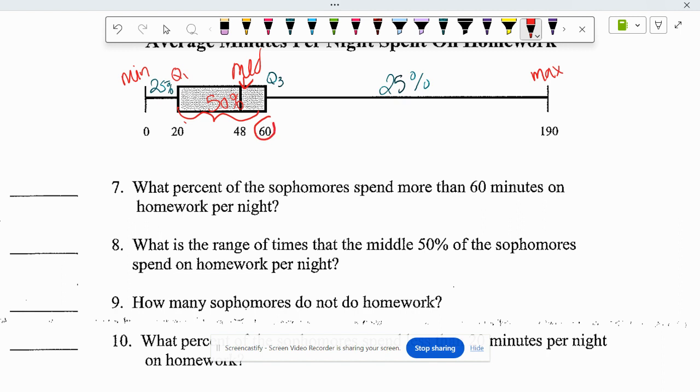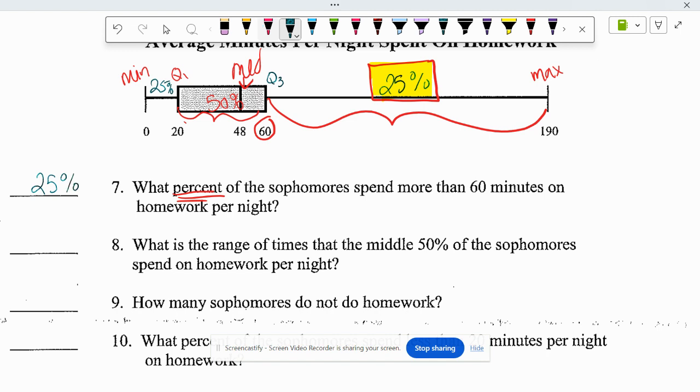So if 60 is right here, what percentage of the students spend more than 60 minutes? What does your whisker represent? I've got it boxed in for you. What does your whisker represent? 25%. 25% of the sophomores spend more than 60 minutes. Okay.